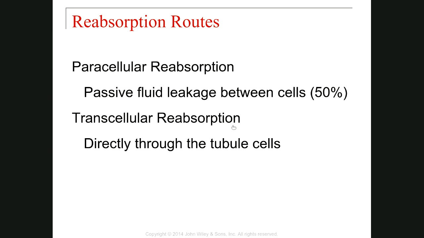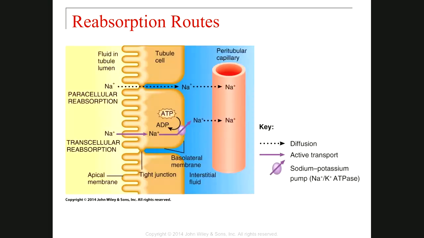One of them happens between adjacent cells, which we call paracellular reabsorption, passive fluid leakage between cells, and it's about 50% of reabsorption. And the other process happens through an individual tubular cell, which we call transcellular reabsorption. And the other 50% of reabsorption takes place by this method.